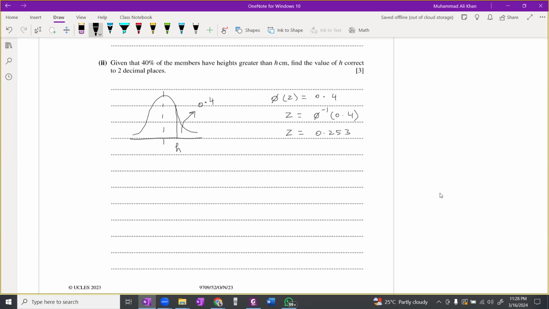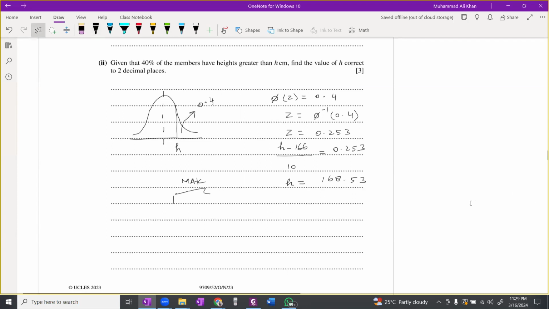I am not explaining here how to calculate the reverse value. Now, as we have to find out the value of H, I'm converting Z by using the formula of X minus mean, where mean is 166 given in the question, over standard deviation 10 equals 0.253. And according to this, the value of H is 168.53. This is the second part of the normal distribution question.